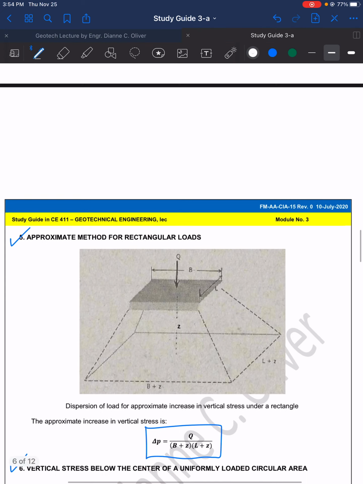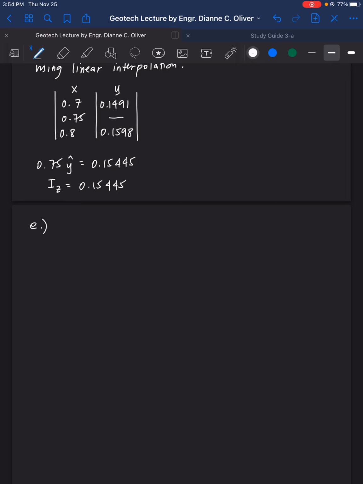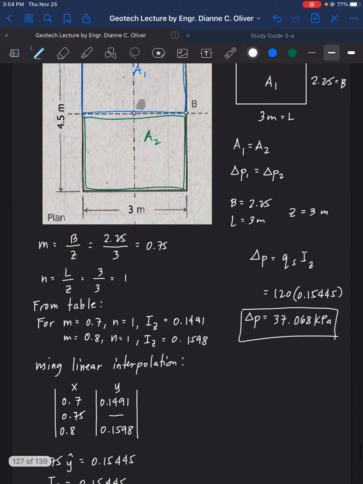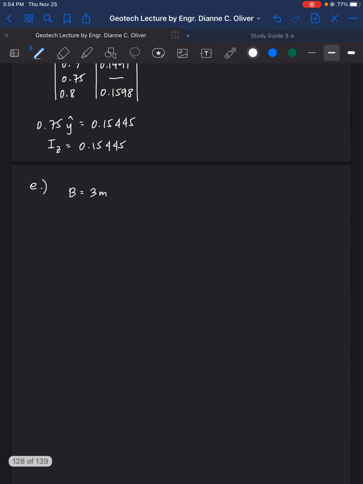So the approximate method is number 5, and it's delta P equals Q over B plus Z times L plus Z. Again, what is B? B there is equal to 3 meters, L is equal to 4.5 meters, and Z is equal to 3 meters.